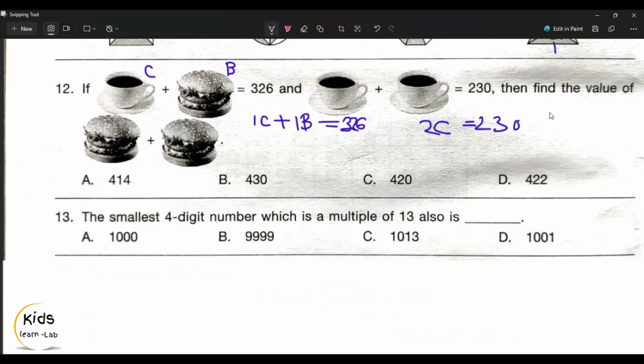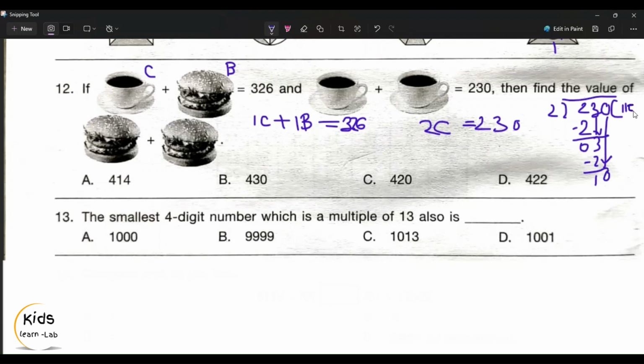So 1C is equal to 230 divided by 2. So 2 ones are 2, minus 2 is 0. 0 comes down. 2 ones are 2. 3 minus 2 is 1.